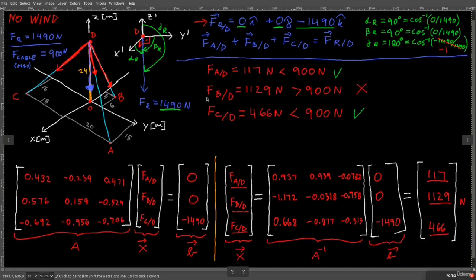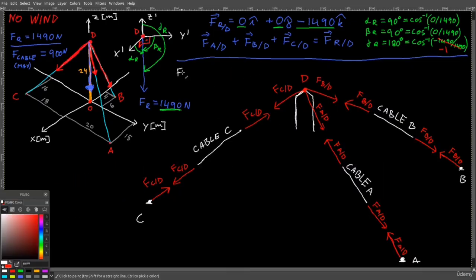However, what if one of the forces here became negative? Let's say this Fa with respect to D. What if instead of 117 newtons, I had Fa with respect to D minus 117 newtons? Well, that would mean that instead of this arrow here, I would have this arrow here.